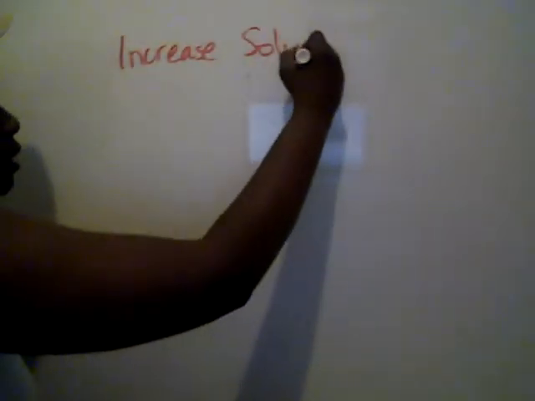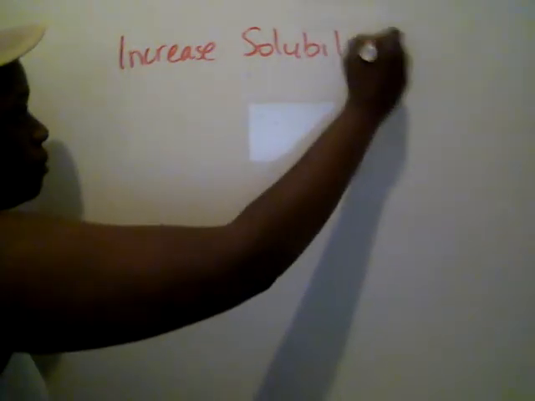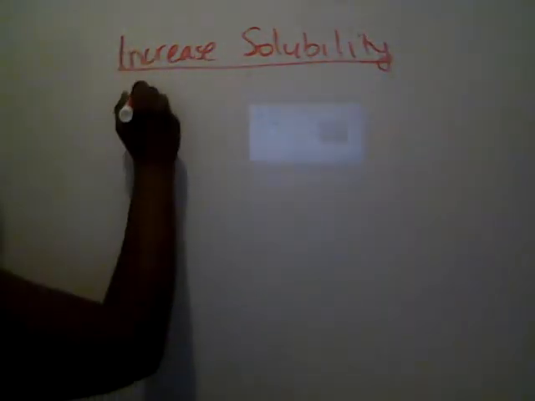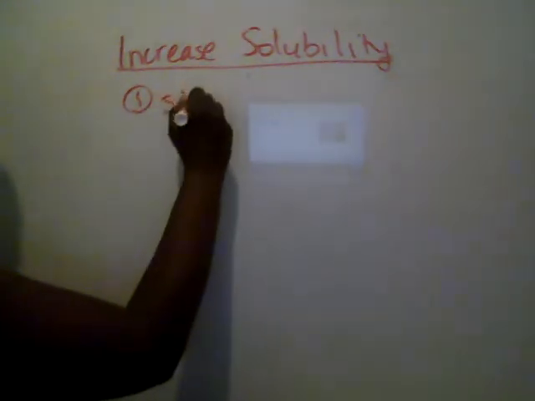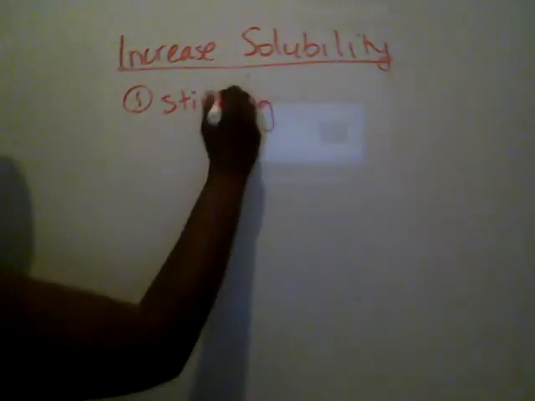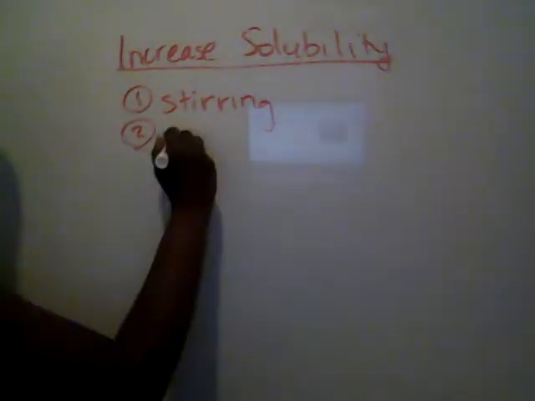So we said that we can increase solubility by 1, we can stir it, so stirring. We can 2, increase temperature.